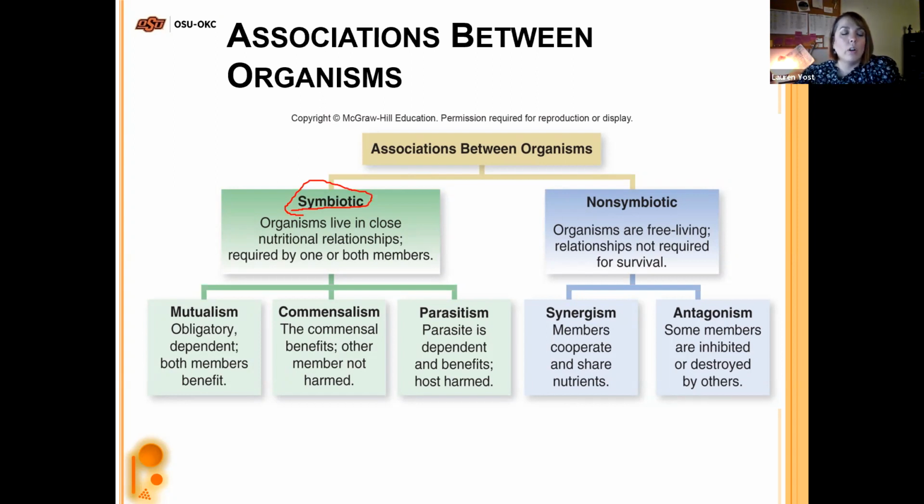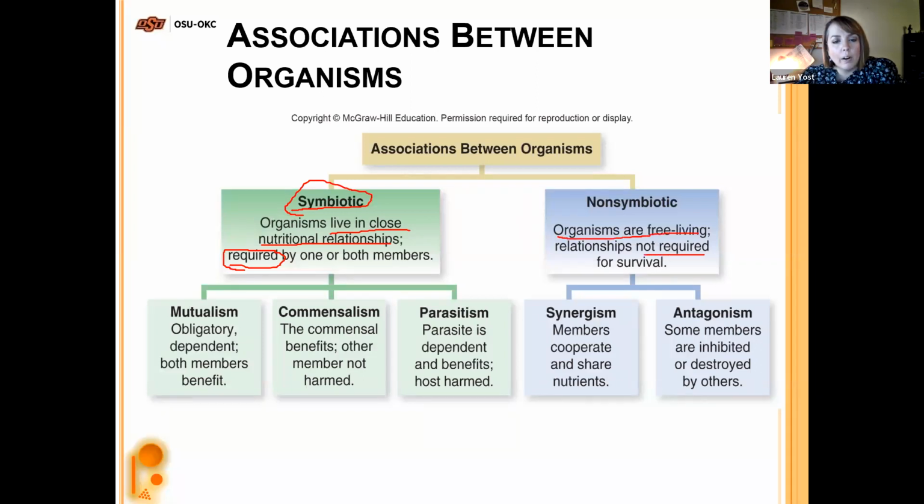So just so we know, symbiotic means these organisms live in close nutritional relationships. One or both members in the relationship will require it. They actually require it. In non-symbiotic relationships, the organisms are free living.